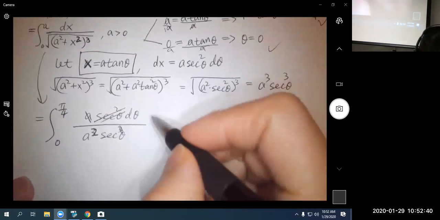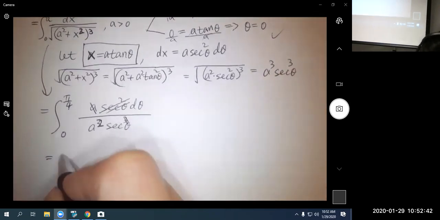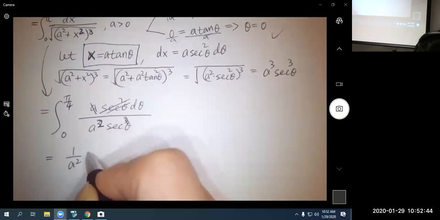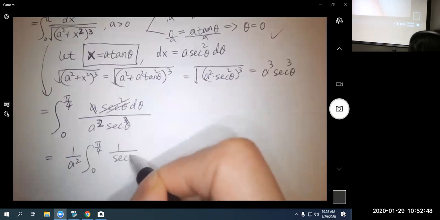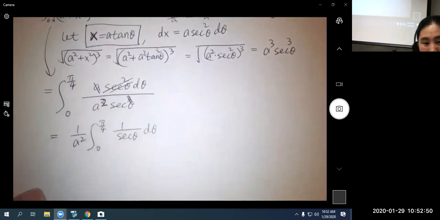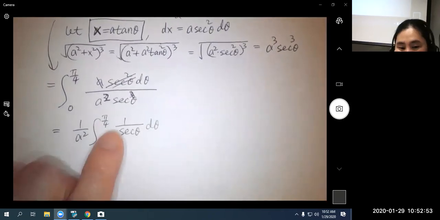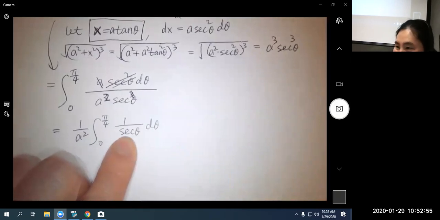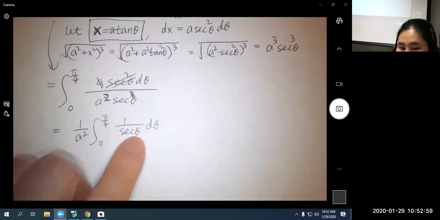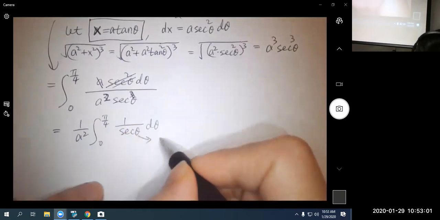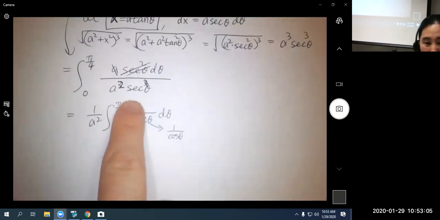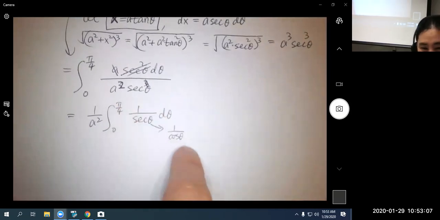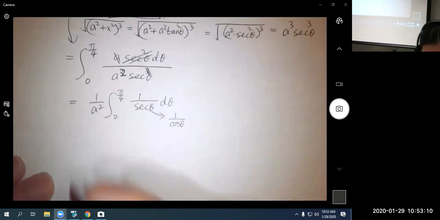So this integral can be rewritten as 1 over a squared, integral from 0 to pi over 4, 1 over secant theta d theta, right? What is secant of theta in terms of sine or cosine? 1 over cosine, right? So 1 over secant becomes what?